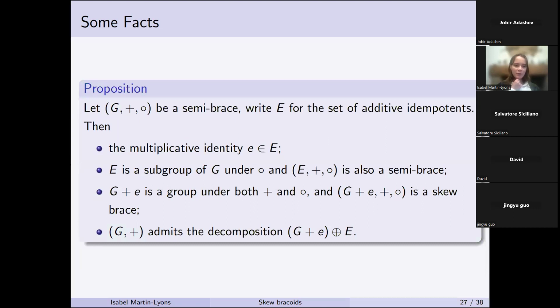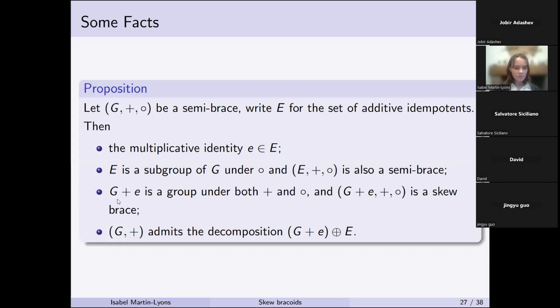If we let G with plus and circle be a semi-brace, write E for the set of additive idempotents. Then the multiplicative identity little e is in big E. E is a subgroup of G under the multiplicative operation, and E with plus and circle is also a semi-brace. The additive operation is only idempotents for this semi-brace.